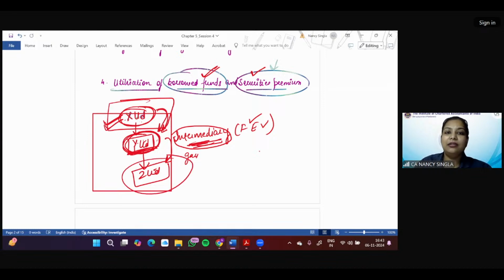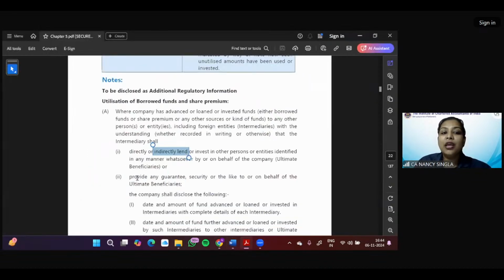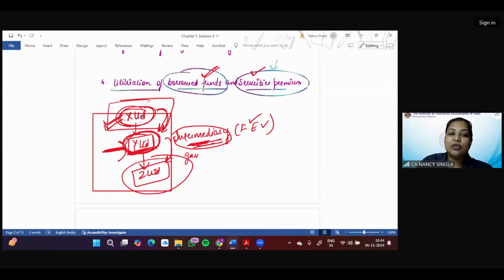X and Z. Y is just acting as an intermediary, na? So for this clause, the ultimate beneficiary is X Limited. Provide any guarantee, security, or the like on behalf of the ultimate beneficiary. The company shall disclose. So the disclosure requirement is on the company in question, which is what? X Limited.